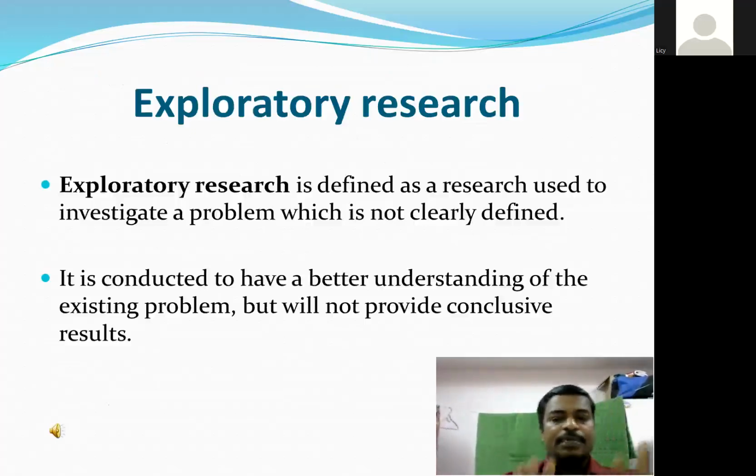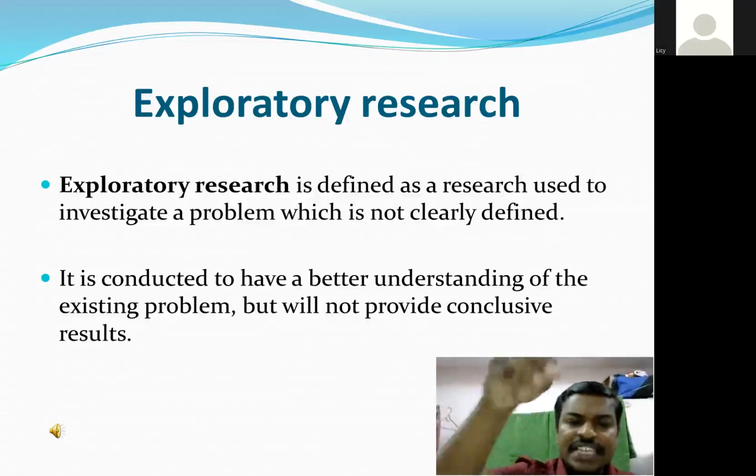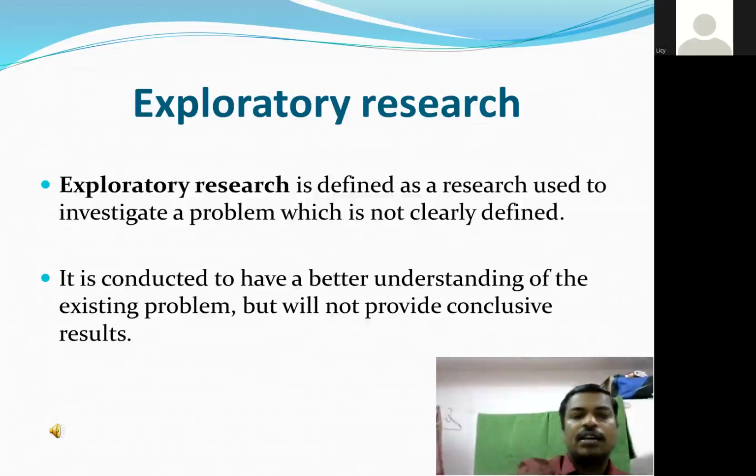What do you mean by exploratory research? It is research used to investigate a problem which is not clearly defined. When a problem is not clearly defined, you investigate that problem yourself. That is called exploratory research.